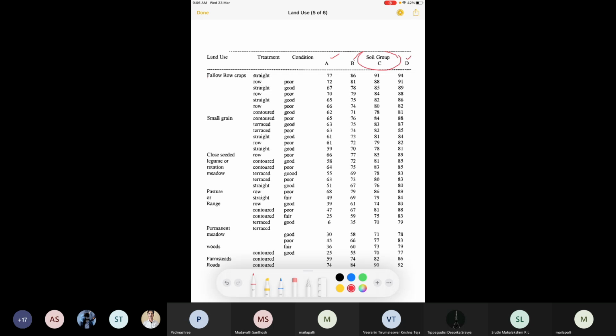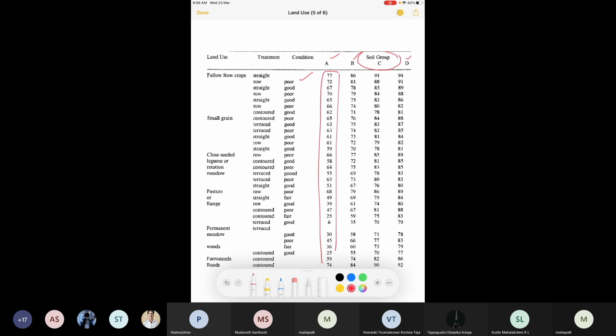All those things, based on the treatment and condition, the drainage condition, whether it's poor drainage or good drainage, and soil groups, you can select a particular CN value.